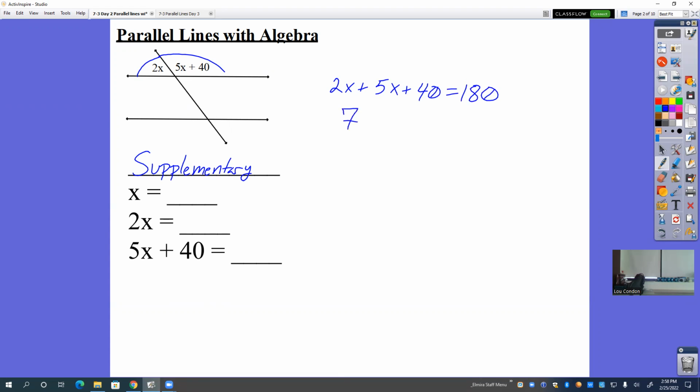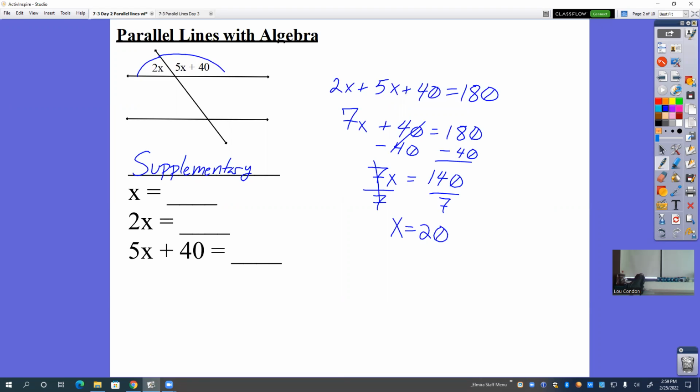Combine like terms, 2x and 5x makes 7x. The opposite of adding 40 is to subtract 40 from both sides. Leaves you with 7x equals 140. Cancel out the multiplication by dividing both sides by 7. X equals 20.